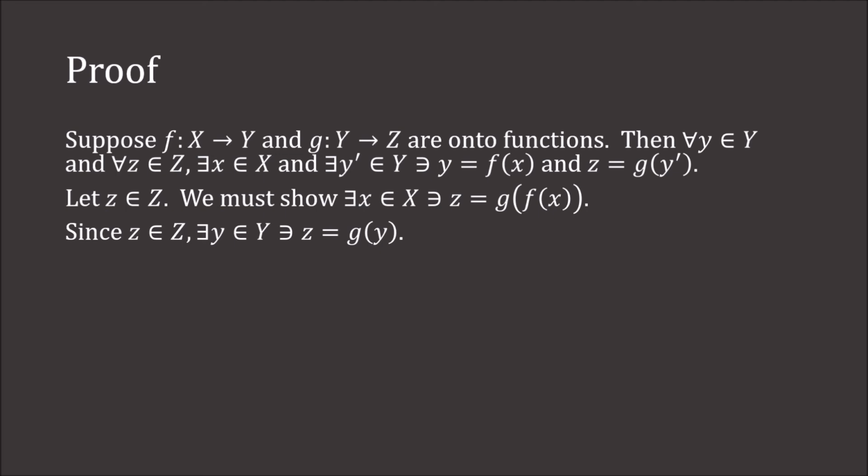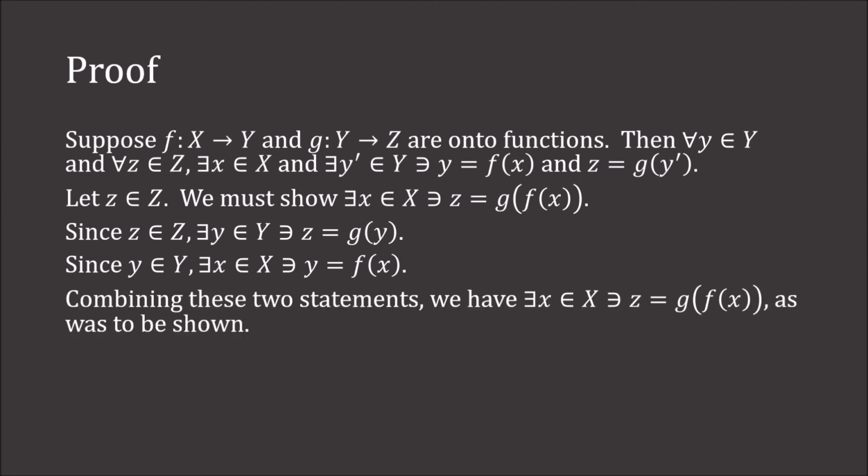However, y is in Y, so this means there has to be an x in X such that y is equal to f of x. So combining these two statements, we have there exists an x in X such that z equals g of f of x, by substitution. This is what was to be shown, so g of f is onto, and the proof is complete.